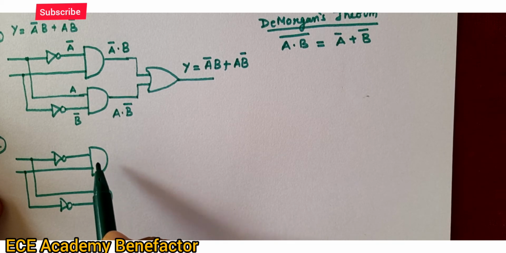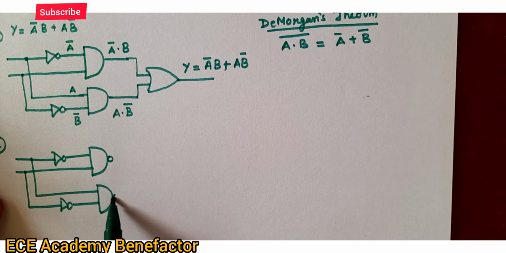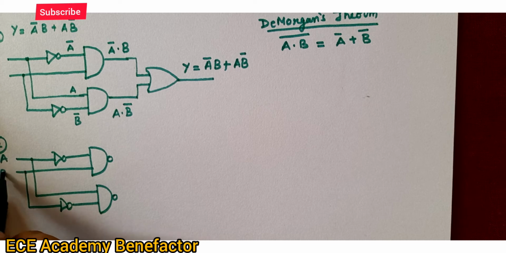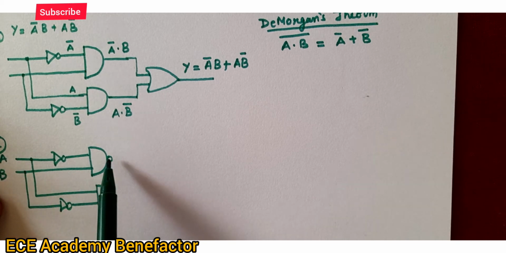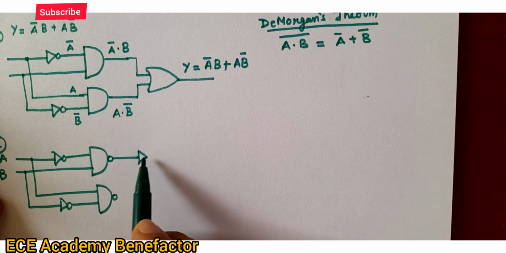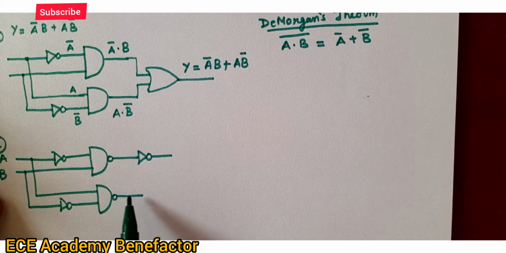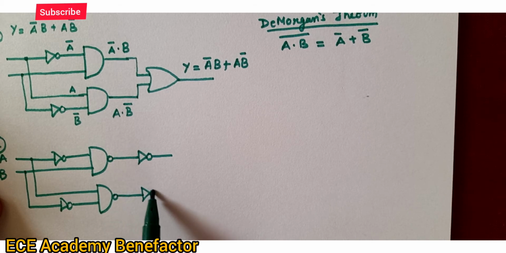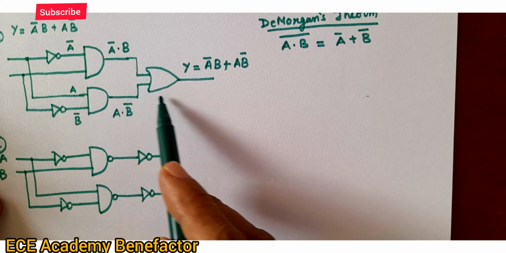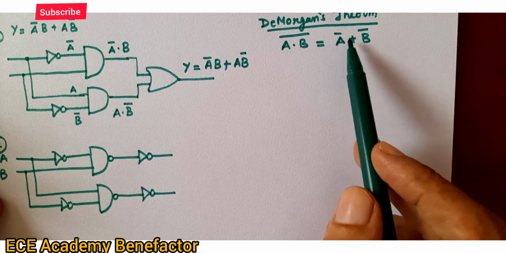So, now I want to replace this AND gate by a NAND gate. So, I put a bubble here. If I am putting the inputs here are A and B. If I put a bubble, to nullify this bubble, I have to place one NOT gate. And I have to replace this OR gate. What is a bubbled OR gate?